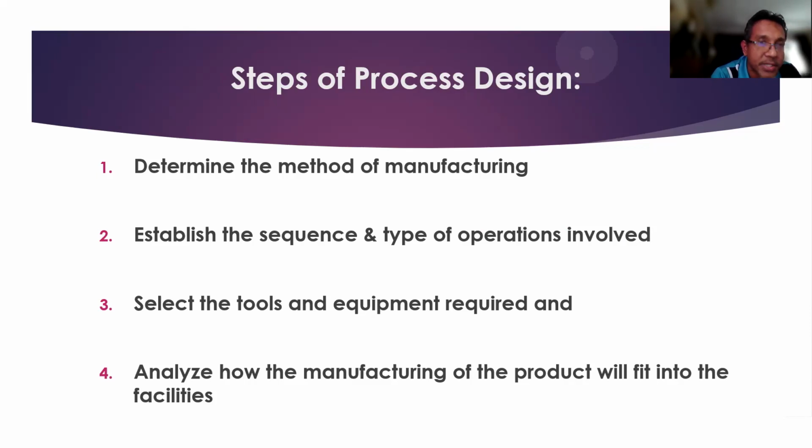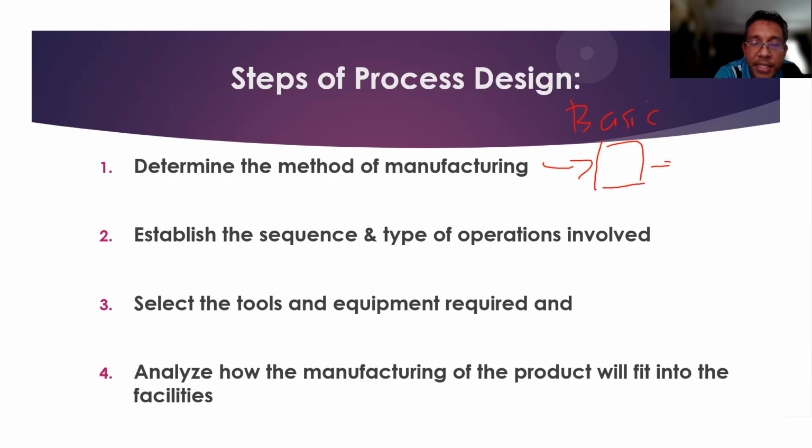So the process has several steps from the starting material. For example, the typical sequence of process required for part fabrication. They have a basic, we call it basic. I put basic here.